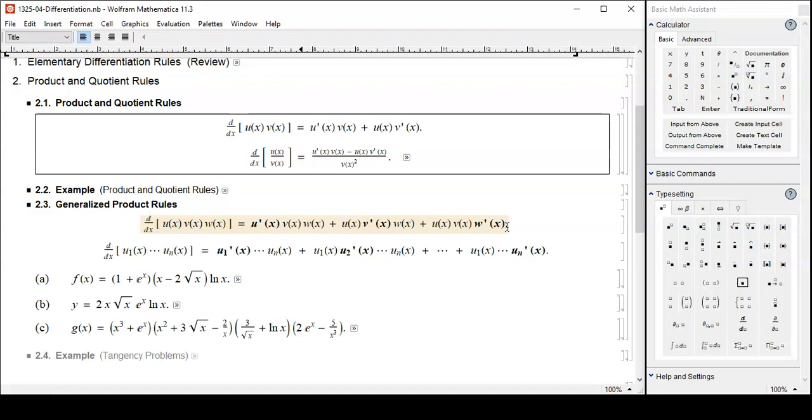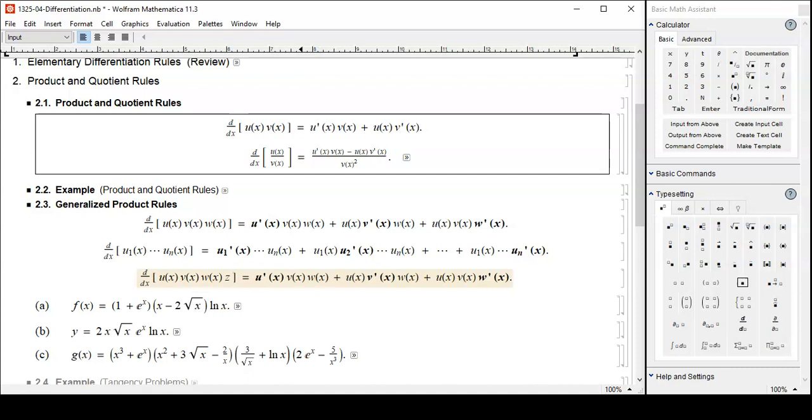Now what if you have four factors? Kind of like this. Then this will be z of x there, and z of x will be there, and there we have z of x. And this one will be just w of x, and the final expression here is going to be the derivative.